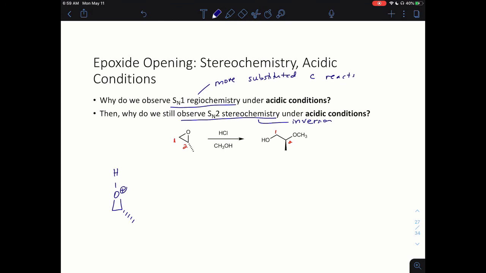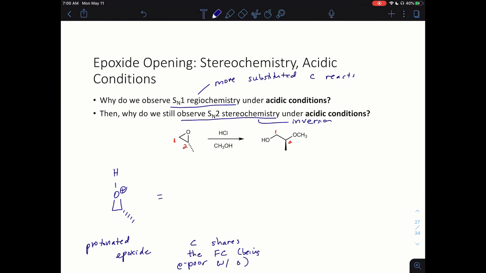Okay, let's look at this key intermediate. So this key intermediate, this protonated epoxide, the stress on it is that positive charge on oxygen. So what can happen, or what does happen, is that carbon shares the formal charge. It shares being electron poor with oxygen.